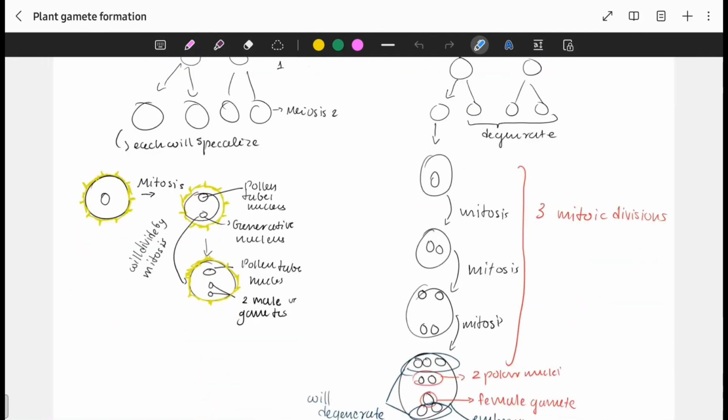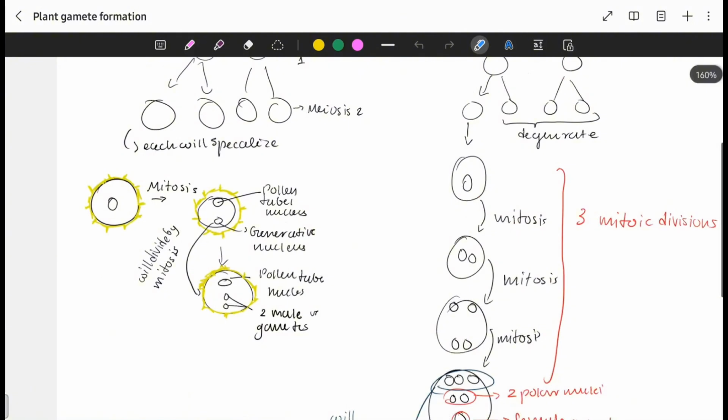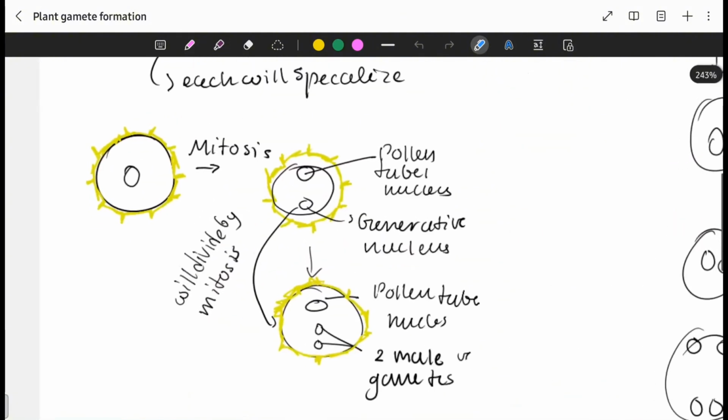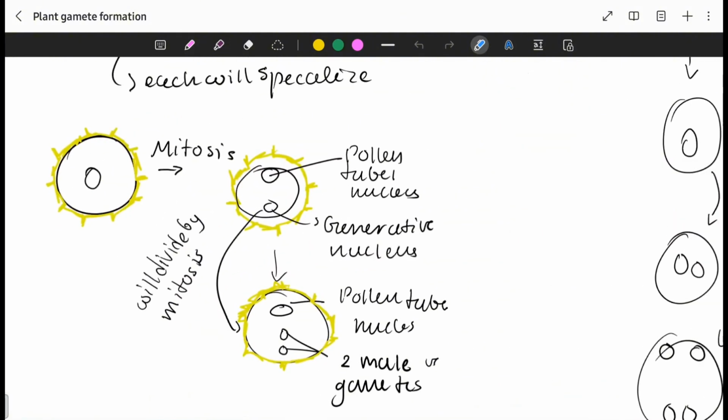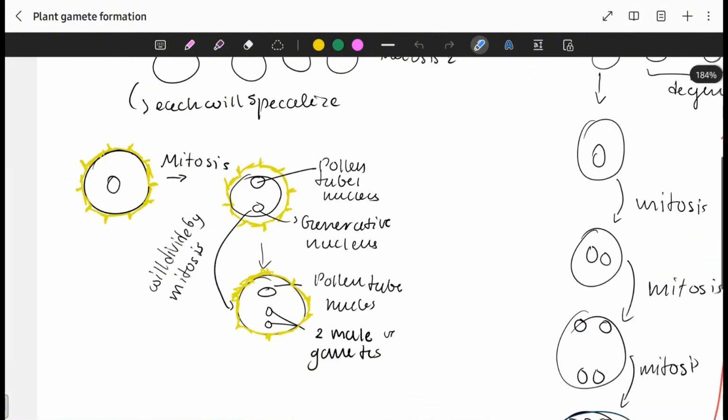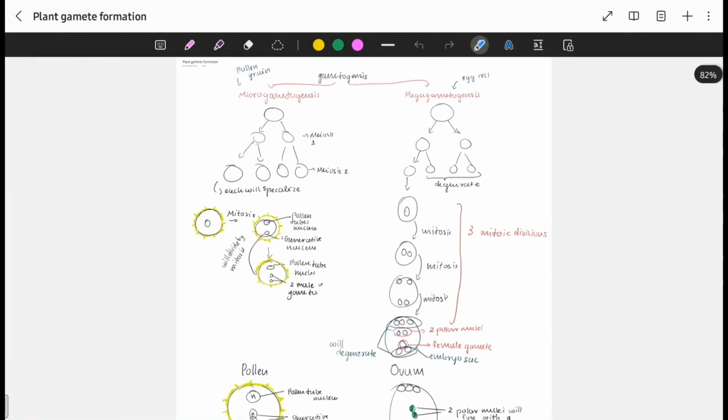At the pollen, the cells will divide by mitosis. We know there are two nuclei, the pollen tube nucleus and the generative nucleus, and the two male gametes. So mitosis will occur and divide.